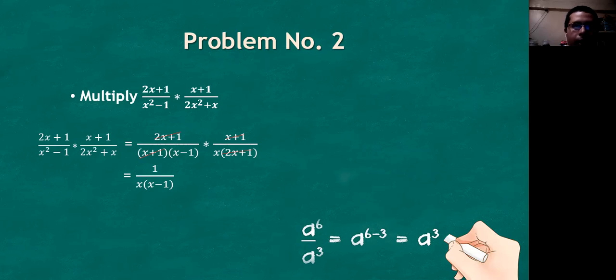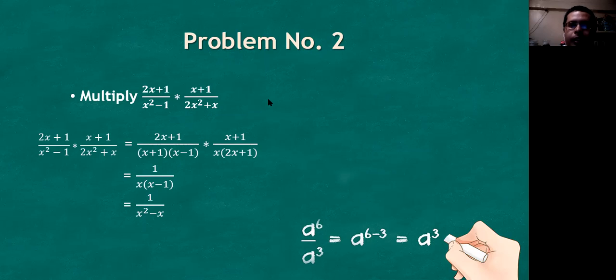Simplifying this rational expression, it becomes 1 over x squared minus x, which is our answer for our second problem.